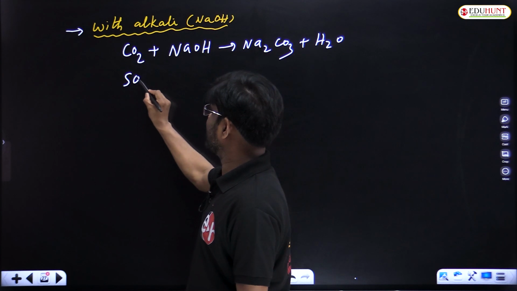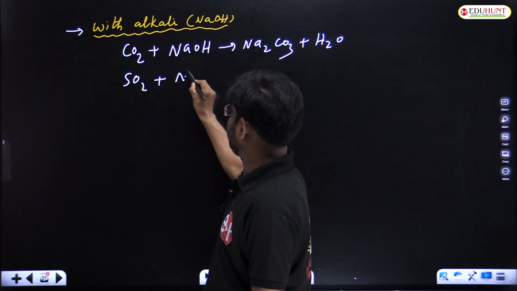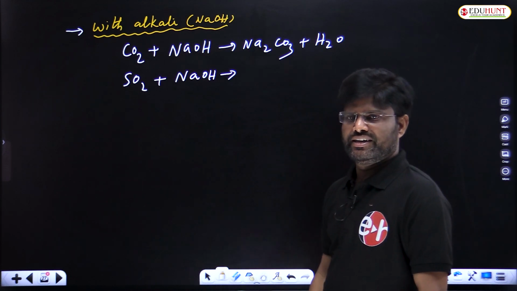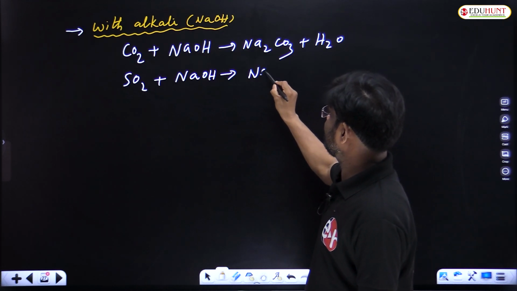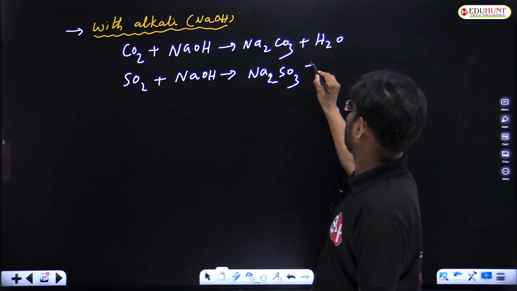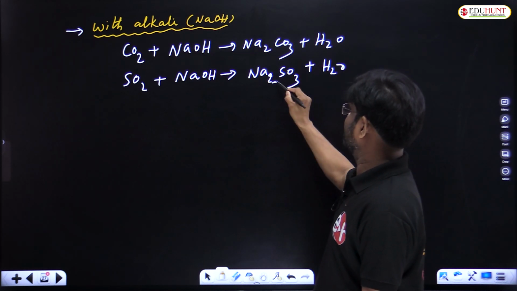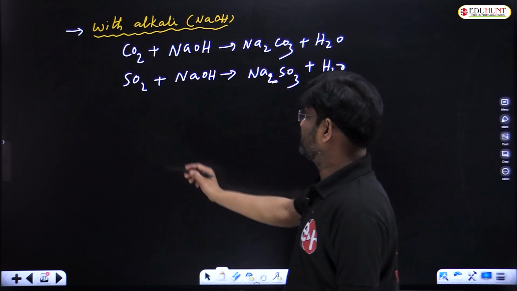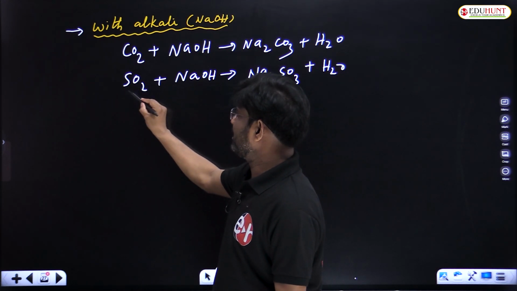Next, sulfur dioxide also reacts with the alkali, that is sodium hydroxide, and produces sodium sulfite and water. Sodium sulfite, formula Na2SO3. This is carbon dioxide, this is sulfur dioxide.